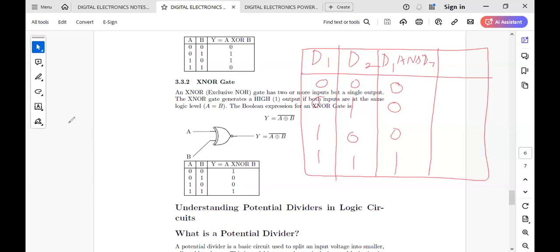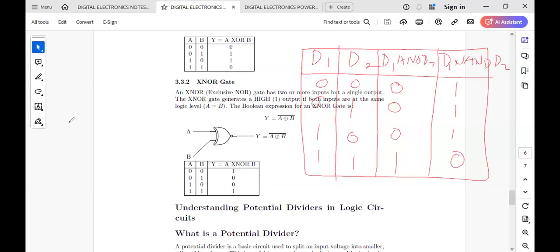So what I'm going to do is subject this gate to a NOT gate to get D1 NAND D2. If I subject it to a NOT gate, it will invert these zeros into 1, 1, 1, and a 0.